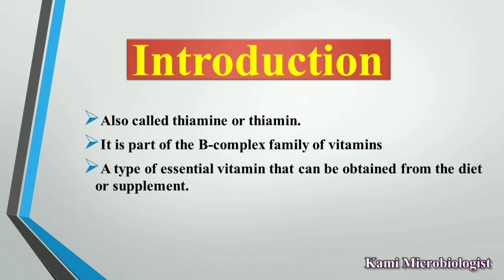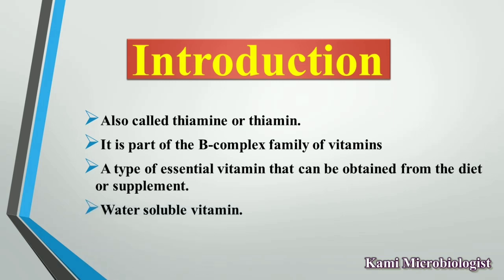Next, vitamin B1 is an essential vitamin. What does it mean? It means we obtain vitamin B1 from the diet. It cannot be prepared inside our body. We can take it from the diet as well as from supplements.